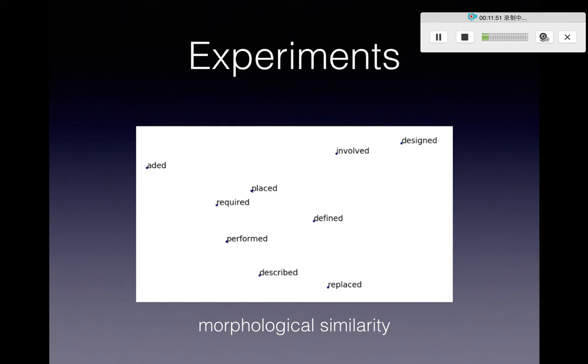The morphologic similarity of all embeddings is illustrated in these pictures. As we can see, in the vector space of our models, words with similar morphemes group together, which demonstrates the effectiveness of our models in dealing with morpheme-rich languages.